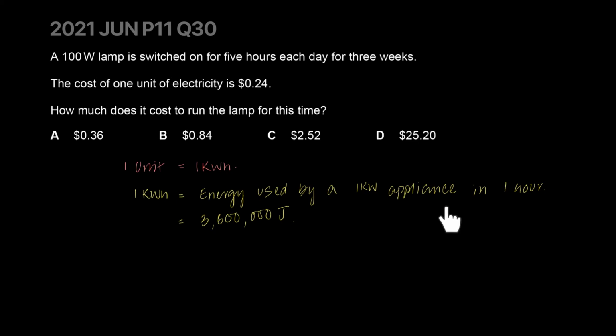So in joules, it's exactly this. How did I get this value? I took 1 kilowatt, which is joules per second, and multiplied it by 3600, the number of seconds in 1 hour. So that's how many joules we're talking about when we're talking about 1 kilowatt hour.